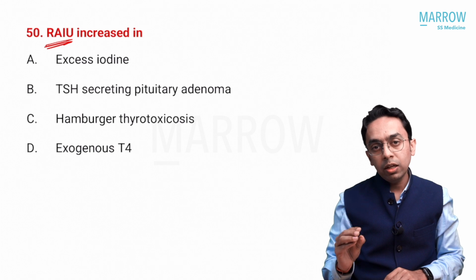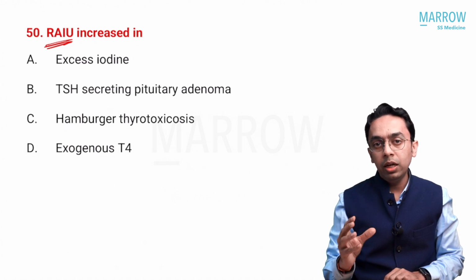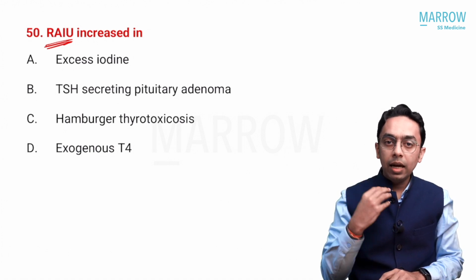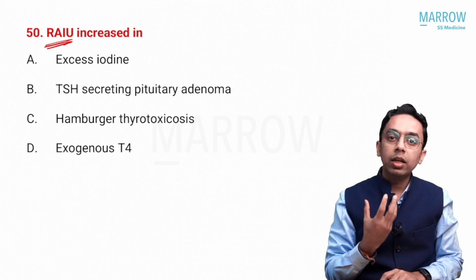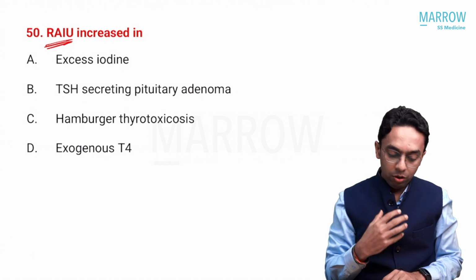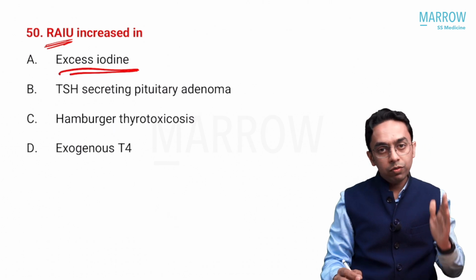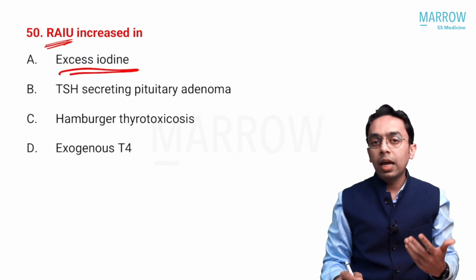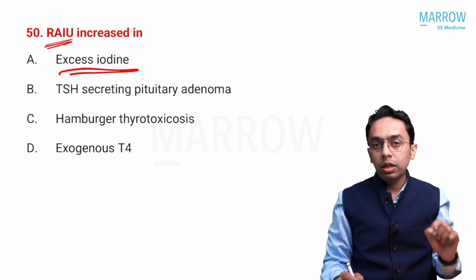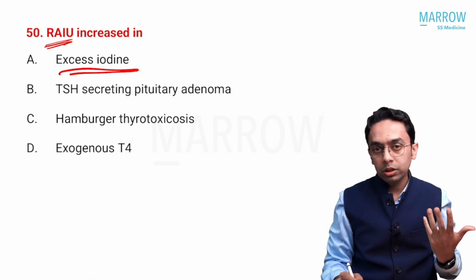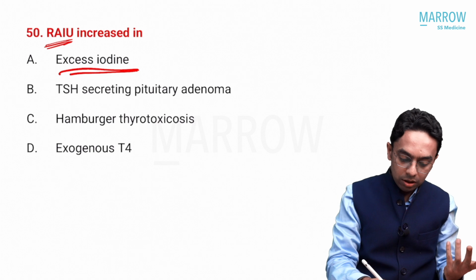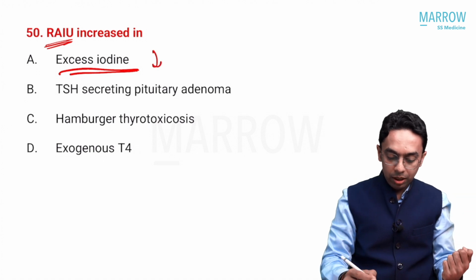Basically you are giving a radioiodine labeled iodine, and that is picked up by the scan when it is concentrated in the thyroid. So when you have already given excess of iodine from outside, whatever radioiodine you are giving won't be concentrating in the thyroid. So this will have a decreased radioiodine uptake.